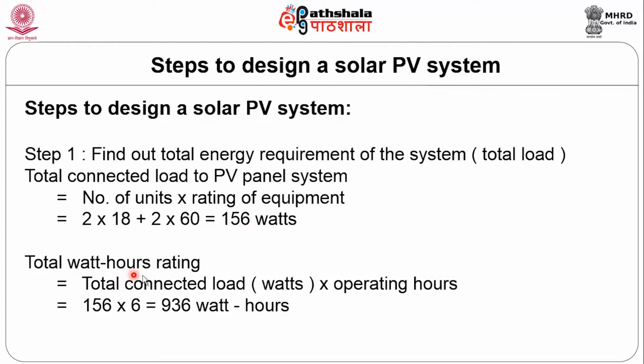For the total watt-hour rating, the total connected load is 156 watts, and we are going to operate for 6 hours. The load is in watts and the time is in hours, so after multiplication we get 936 watt-hours. This is the energy requirement to operate the fans and lights at home.